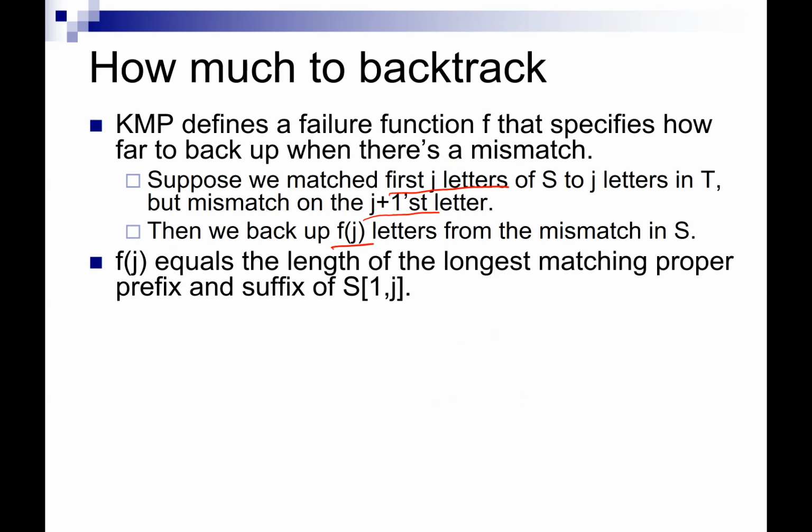Therefore f of j is going to be equal to the longest matching proper prefix and suffix of this thing over here. So this is equal to the largest k such that the first k letters of s matches the last k letters of this s prime, this s of 1 to j.